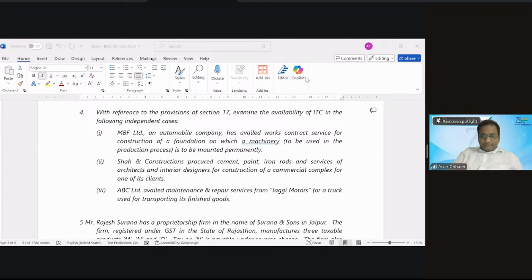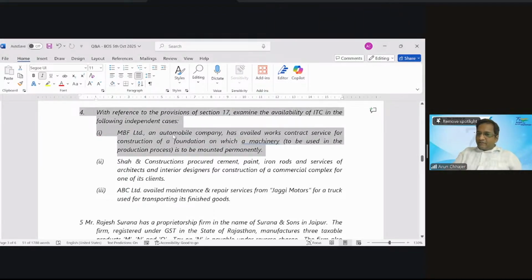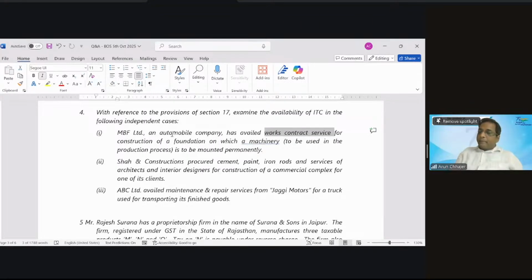Fine. So MBF Limited, an automobile company, has availed works contract service. First you will say, as per section 17 subsection 5, ITC on works contract service falls under the blocked category, except plant and machinery. Then you will define what is plant and machinery. Foundation and structural support is considered as plant and machinery.